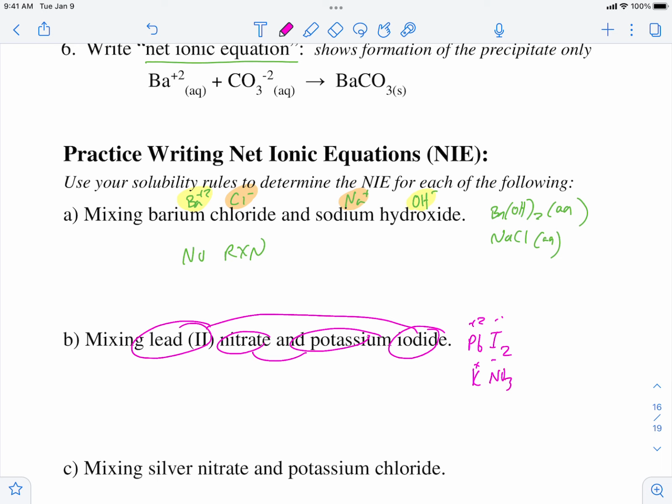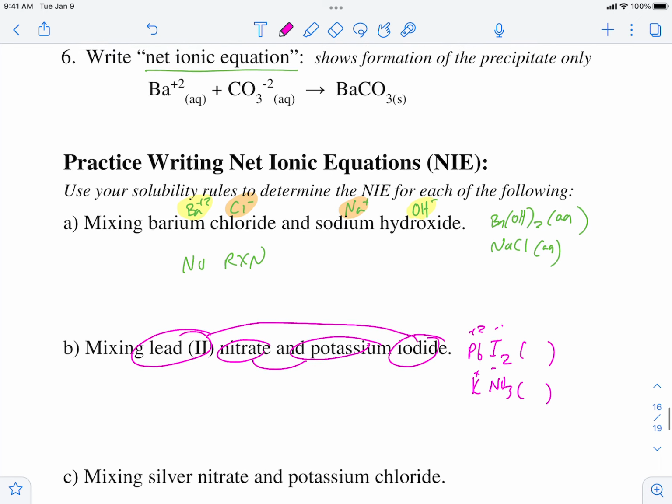So PbI2. Can someone tell me what they think that's going to be? Is that going to be aqueous or is it going to be solid, and which rule says so? Nick? PbI2 should be soluble.